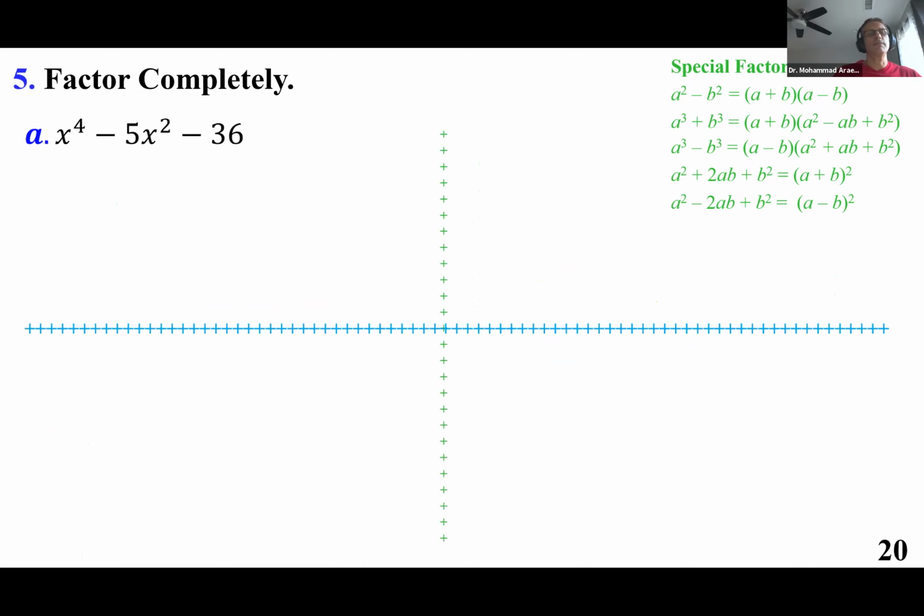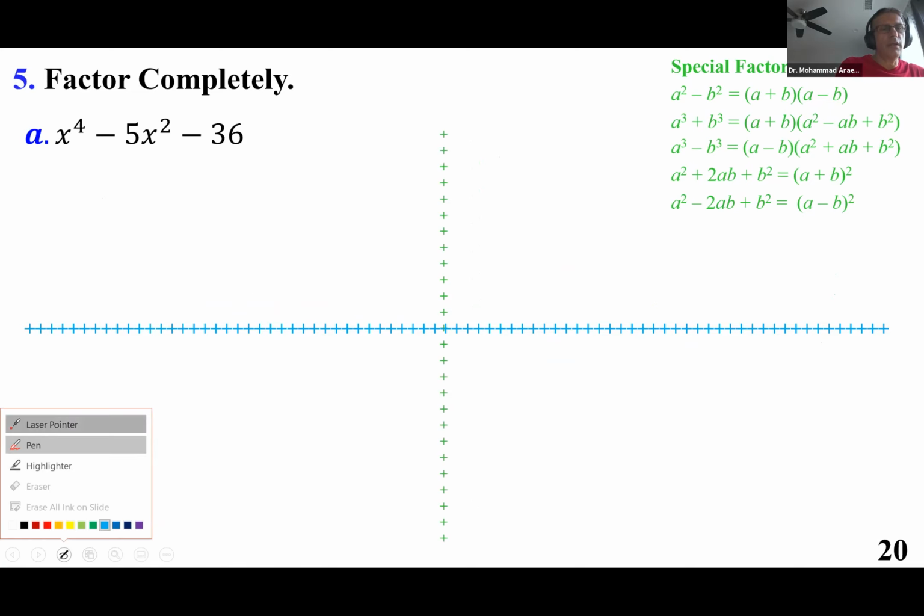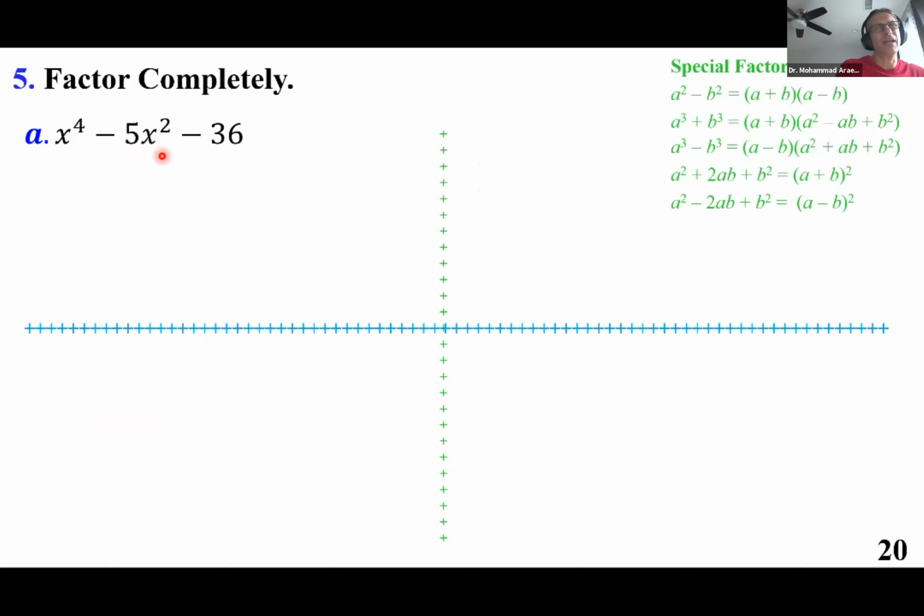We are factoring. Now, if you want to go by the substitution, let x squared be, let's say, y, anything except x. You can write y squared minus 5y minus 36.